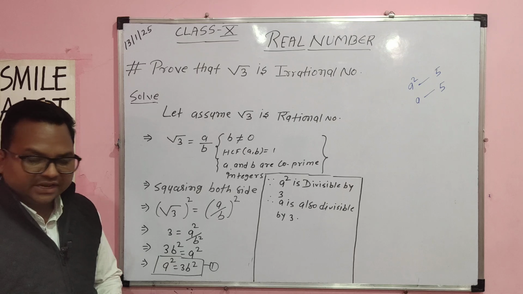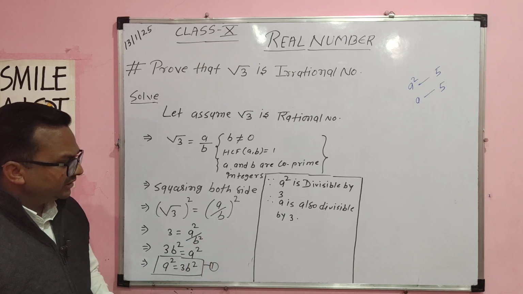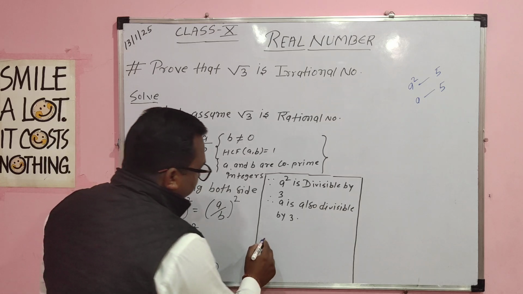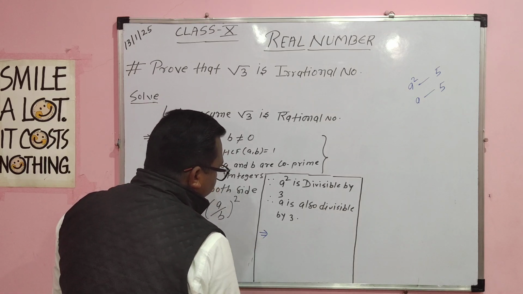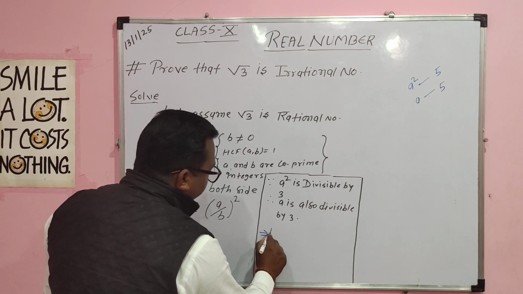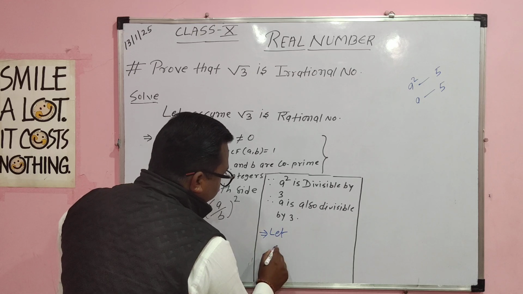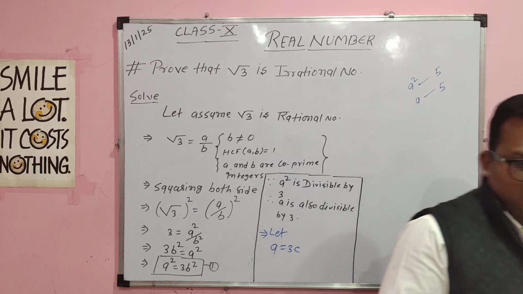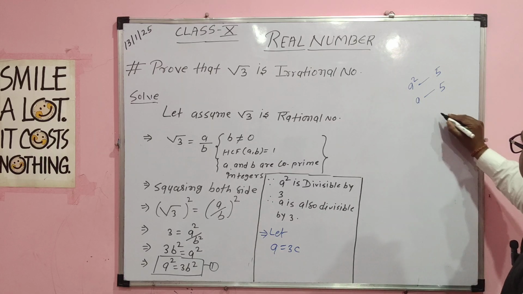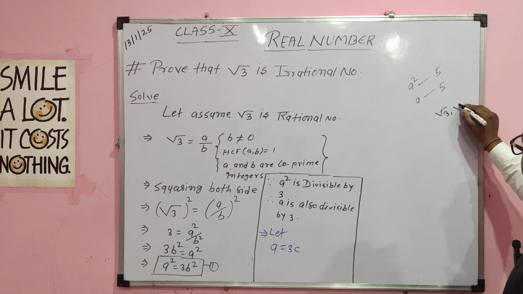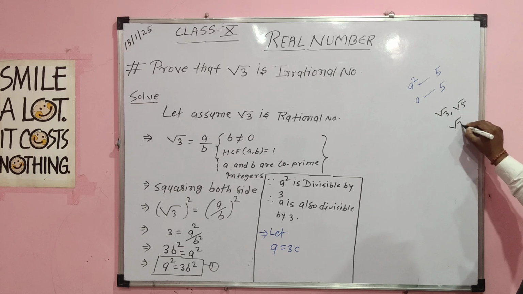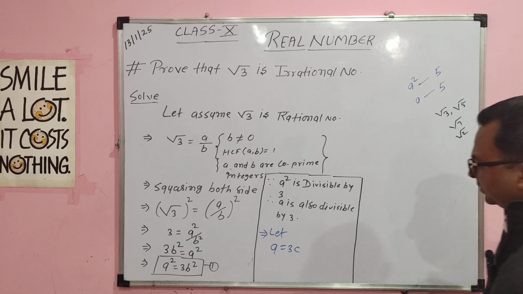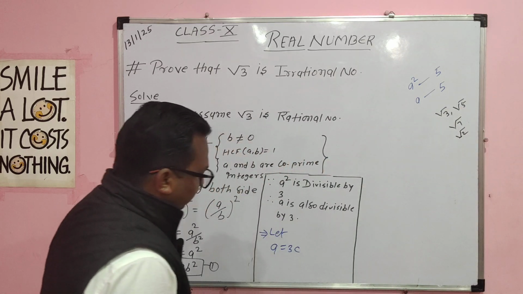Clear? And the next step is, let us assume a equals 3c. This is the second part of the question. In every question of this type, like √3, √5, √7 and √2, the method is similar. So let a equal 3c.